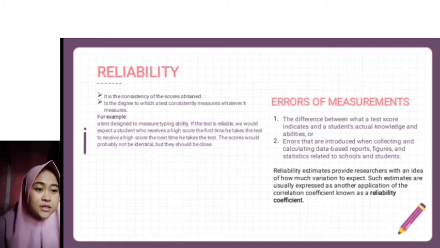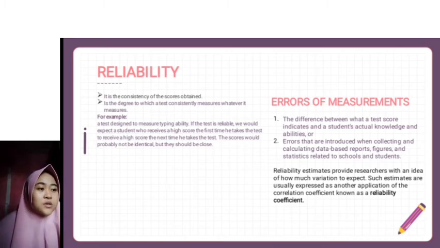And then the next is errors of measurement. Errors of measurement is the difference between what a test score indicates and a student's actual knowledge and abilities, or errors that are introduced when collecting and calculating data-based reports, figures, and statistics related to schools and students.